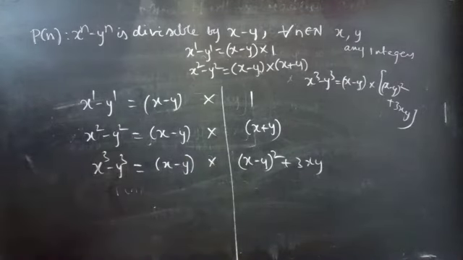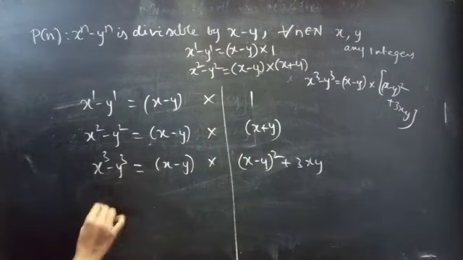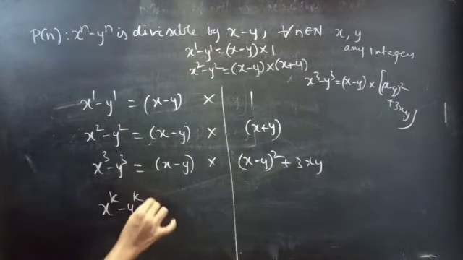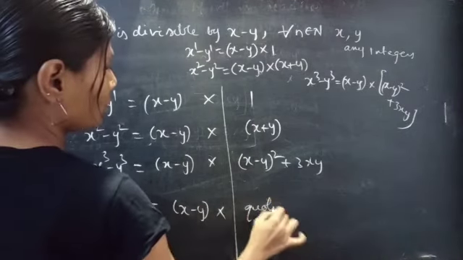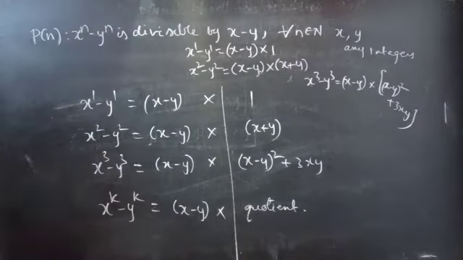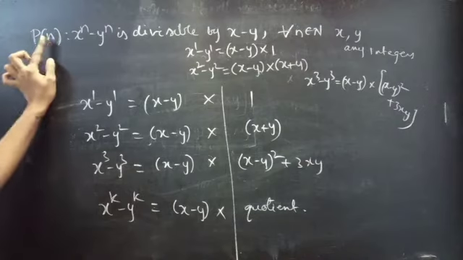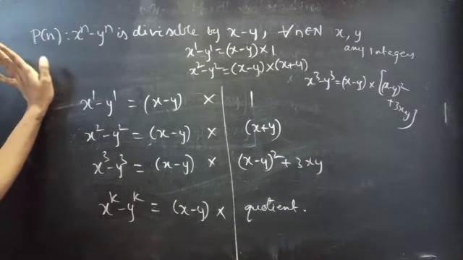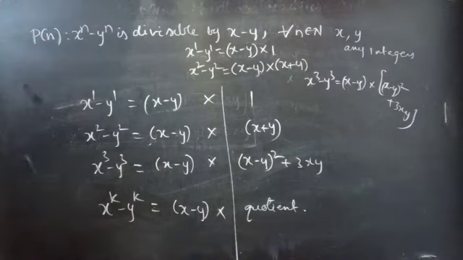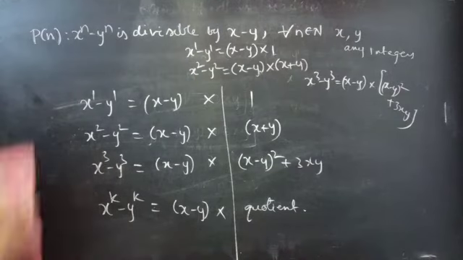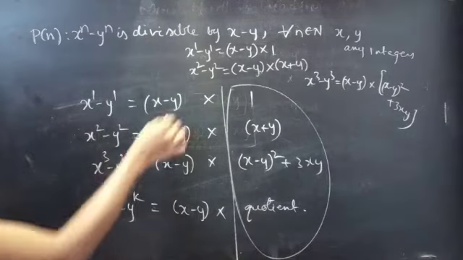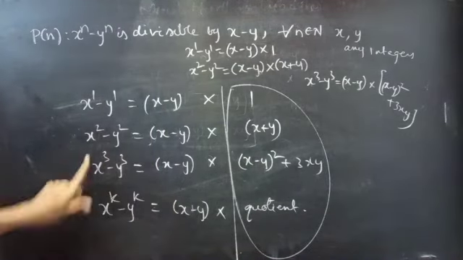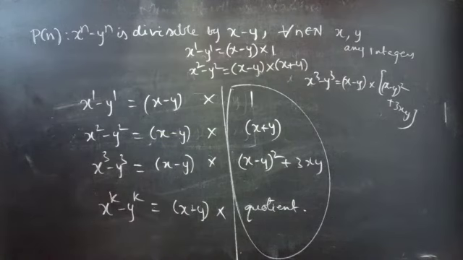Likewise, for k, you'll get x minus y into some quotient, right? Anyhow, we are going to assume that the statement is true for n equals k. These are all quotients, and x minus y is a divisor, and these are dividends.